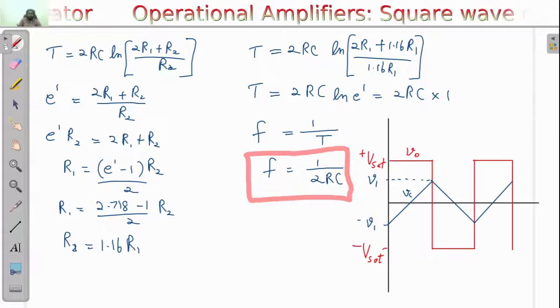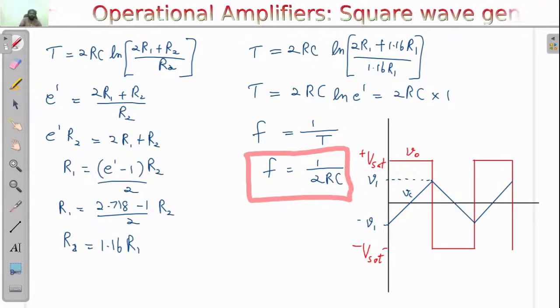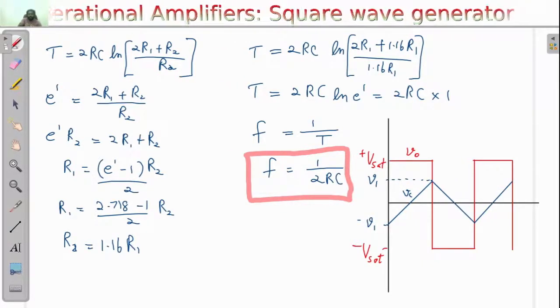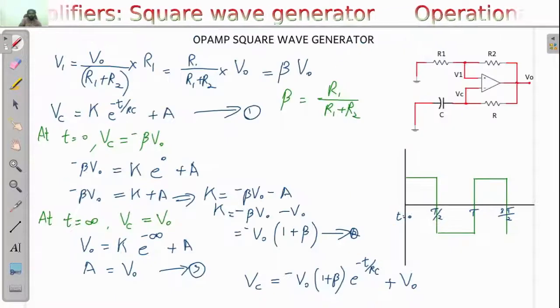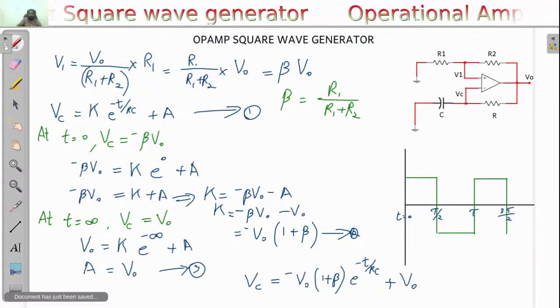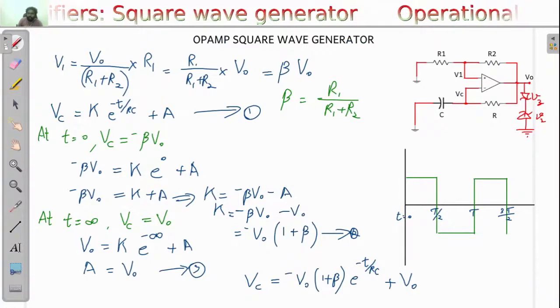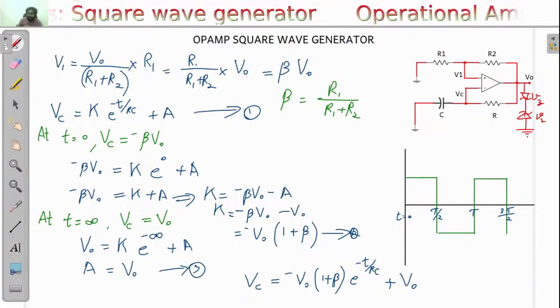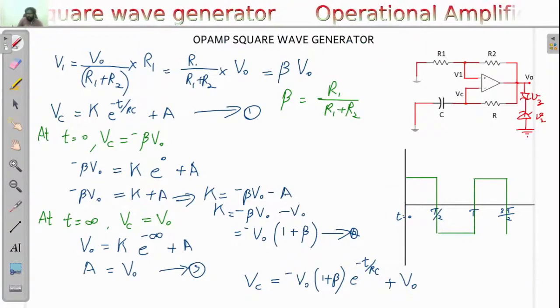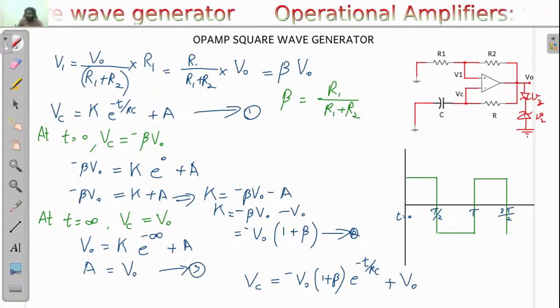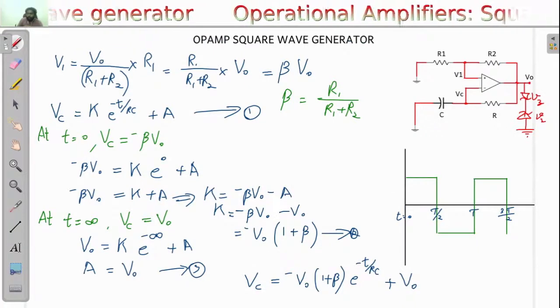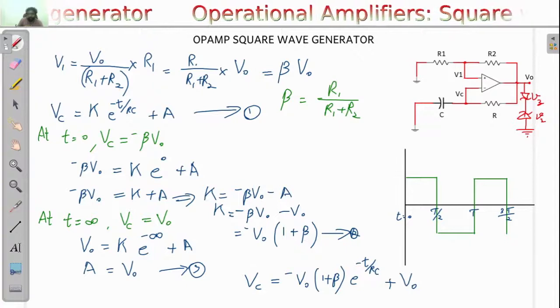We can even do one additional thing in this, that is by putting two Zener diodes back to back here. Both of these Zener diodes have the same breakdown voltage. So whether it be positive saturation or negative saturation, it will be clipped at the Zener voltage that is present here.